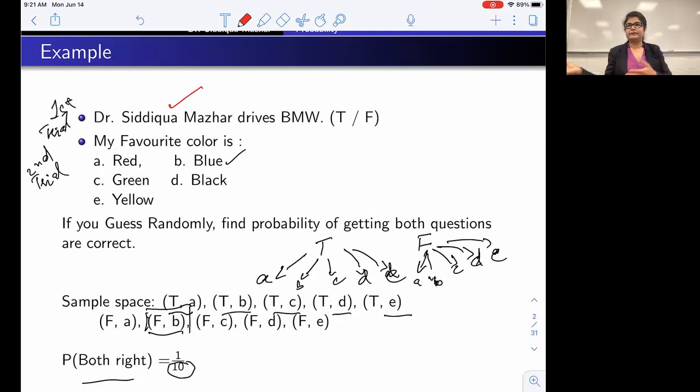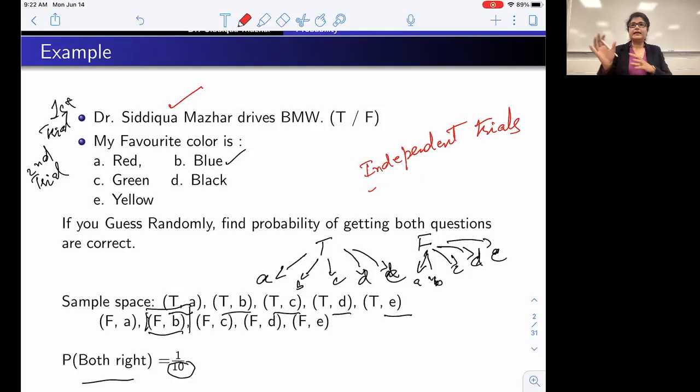These are two choices from two single experiments. So these are called independent events, or independent experiments or trials.